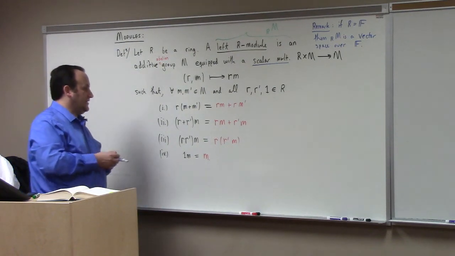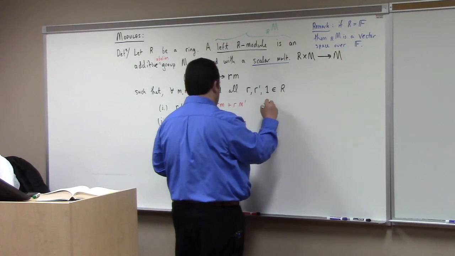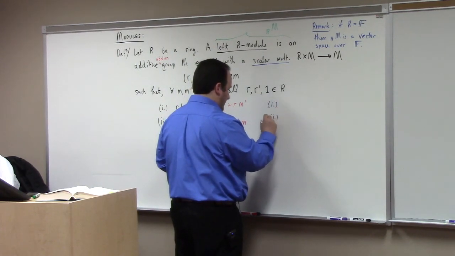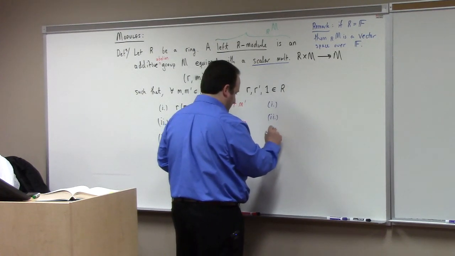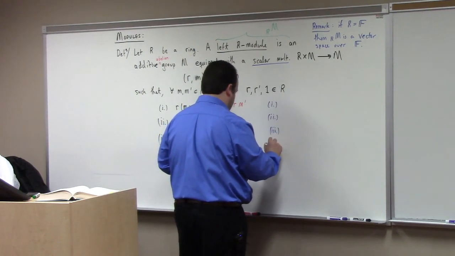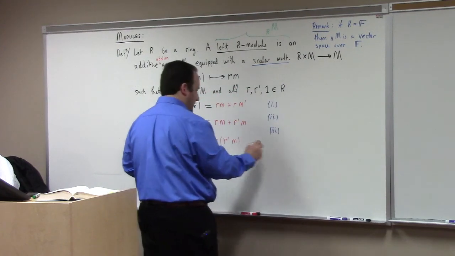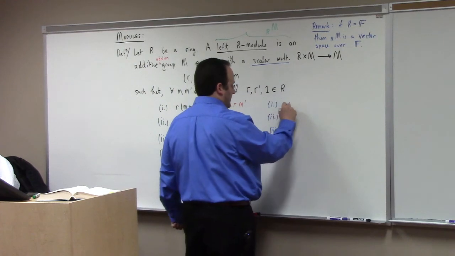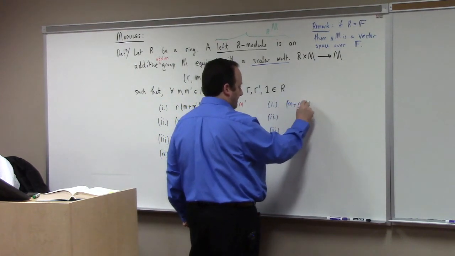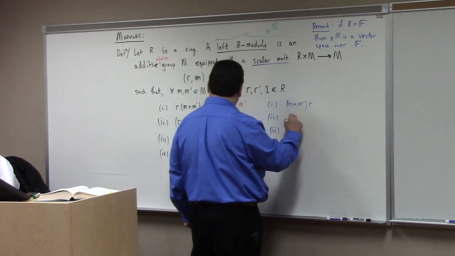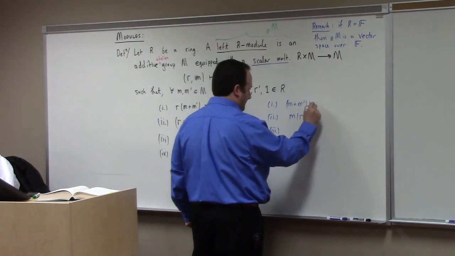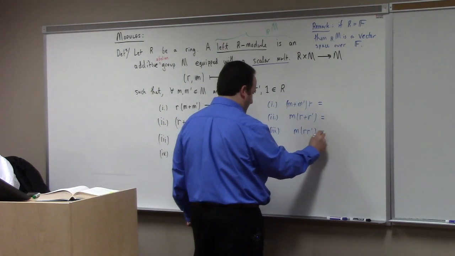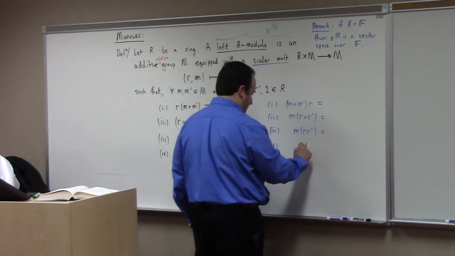All right, so we could also talk about the other hand, so to speak. What if I had (m + m')r, m(r + r'), m(r r'), and m·1?